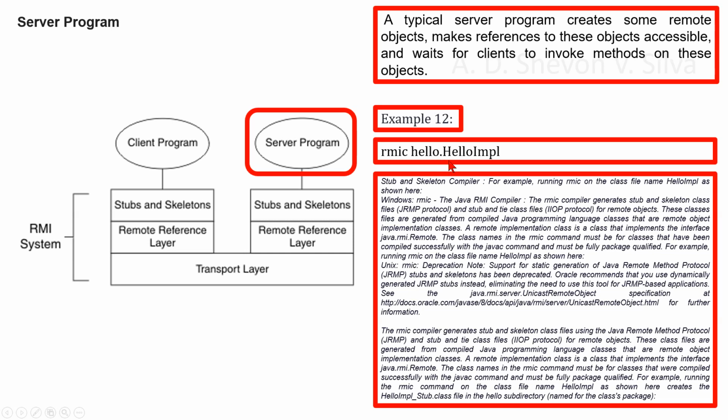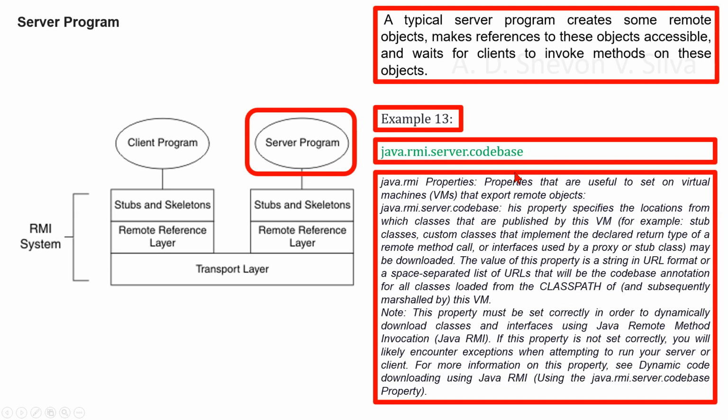For example, running the RMIC command on the class file name HelloImpl as shown here creates the HelloImpl_Stub.class file in the hello subdirectory named for the class's package.